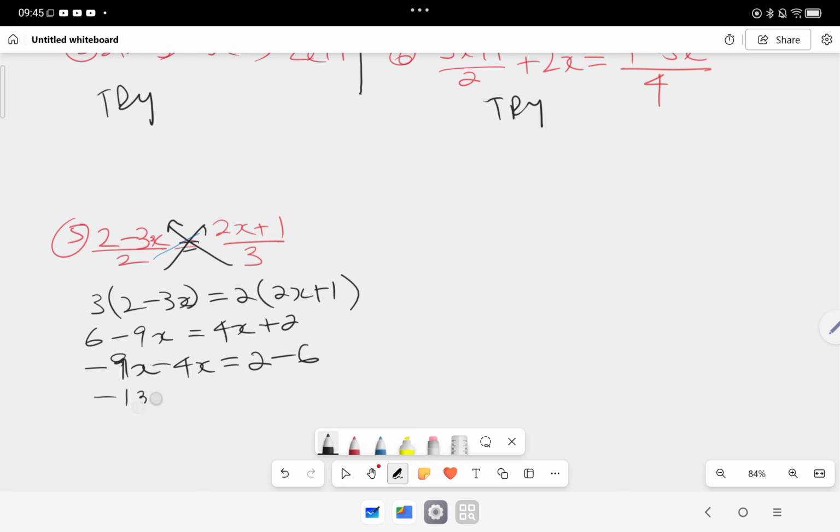So 13x equal to minus 4. Because we have a negative sign on both sides, we can cancel them out. Therefore, x equal to 4 over 13.